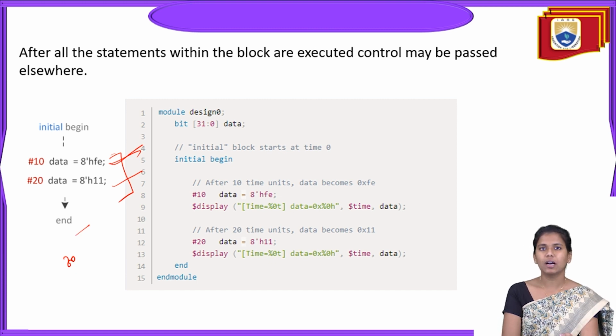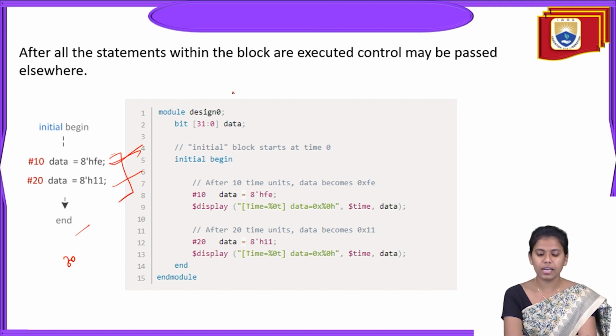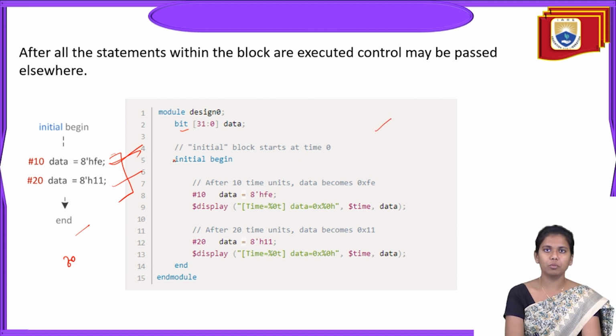Here we'll see another example with the module design. Here I'm considering 32 bits of data. The initial block starts at time t equals 0. So, initial begin.